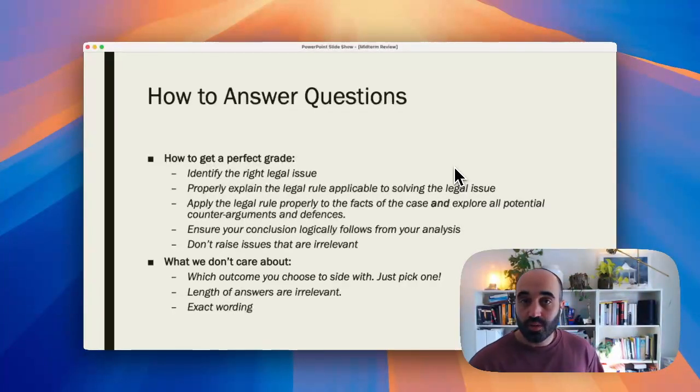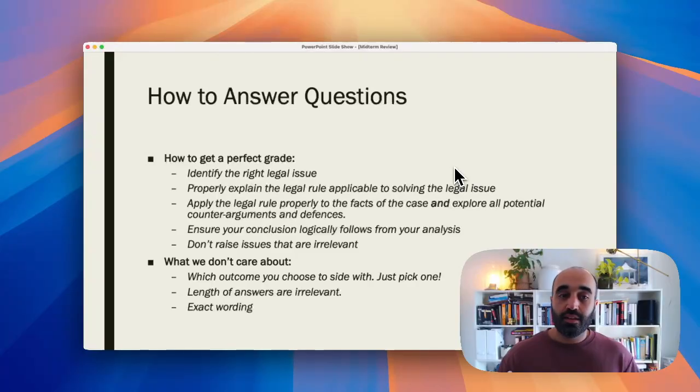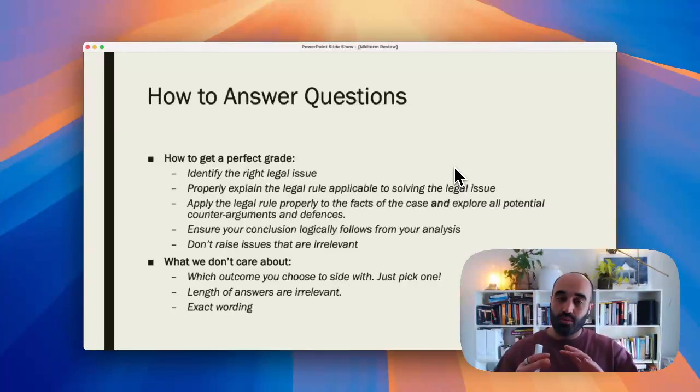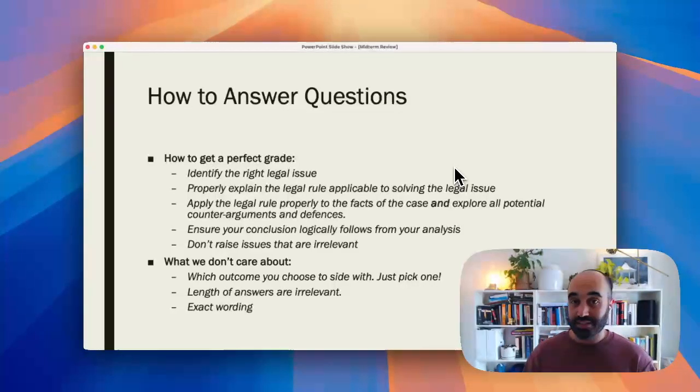The next way to do really well is to properly explain the legal rule that will solve that issue, right? And so not making any mistakes in the way in which you analyze or you explain the rule that applies to the issue in the case. And then the big thing that differentiates a B answer from an A answer is the next part, is the application, right?